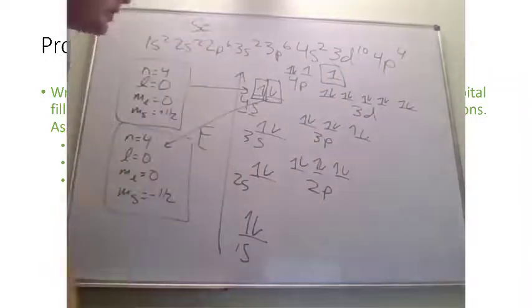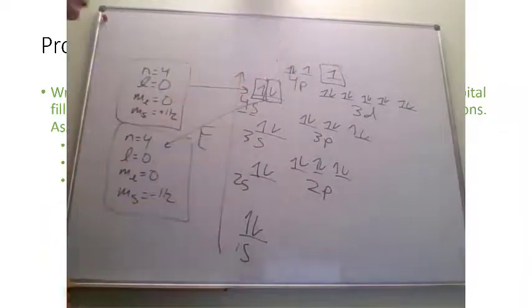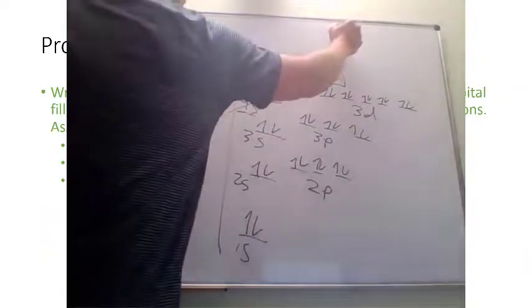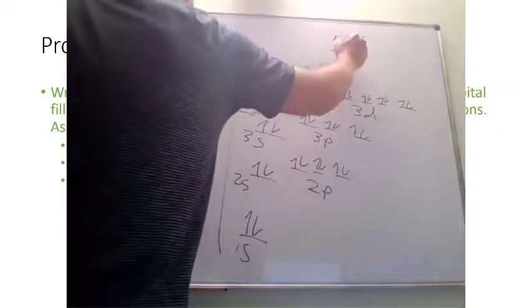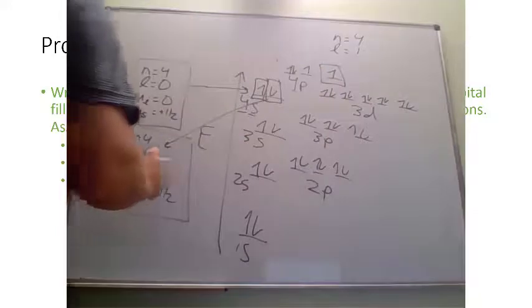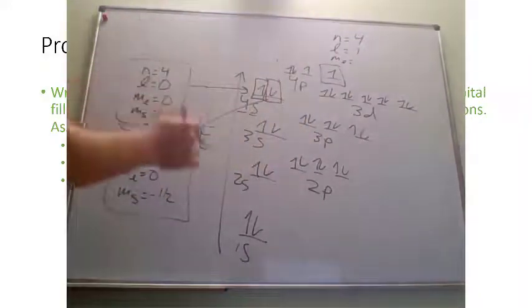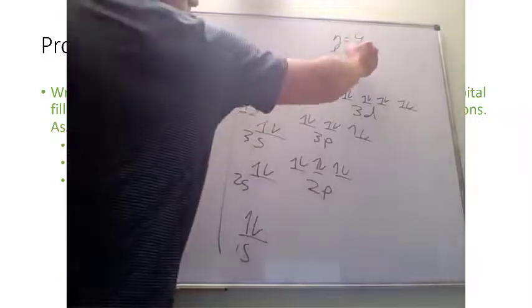I'll delete this up here to give us a little room. We would have an energy level of 4, so n is equal to 4. Our L for a p energy level will be 1. Our m sub L can either be -1, 0, or +1. I like to just keep them in order, so we'll call that +1.